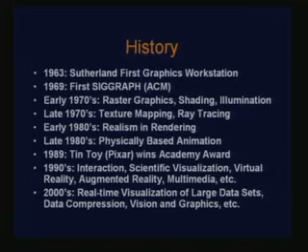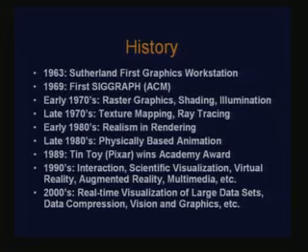Now let us go back and see the historical perspective of computer graphics. In 1963, that is where we got the first graphics workstation. It enabled graphical output on the monitors.